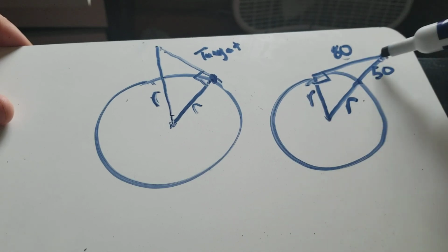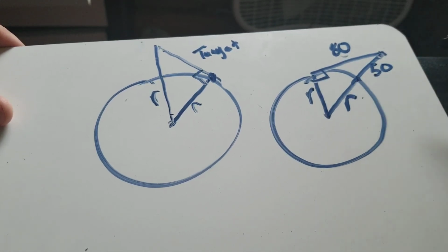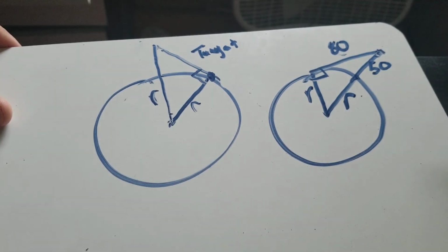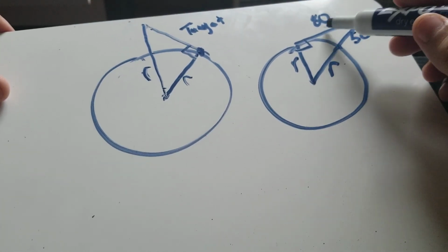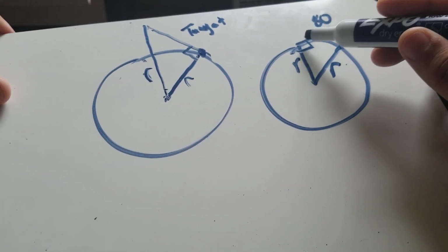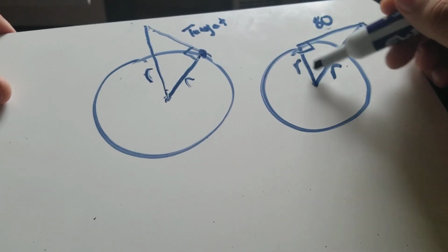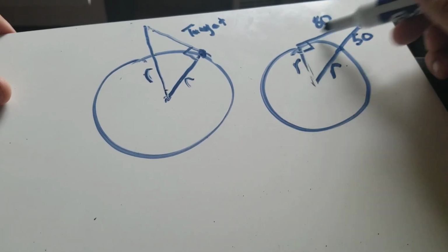Well, I know this is a right triangle, so I could do a little bit of Pythagorean theorem. So let's see if we could use that to our advantage. So first off, which ones are the legs? It's the ones across from the right angle, so this one and this one.